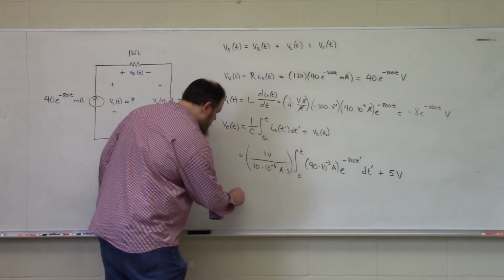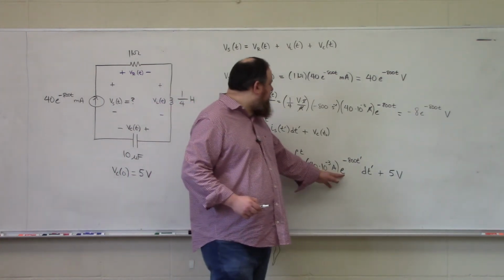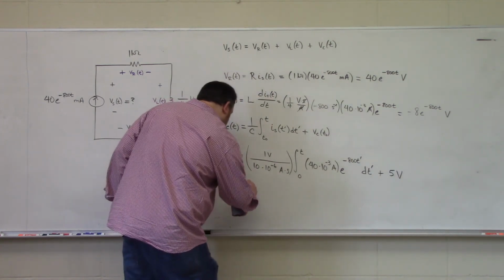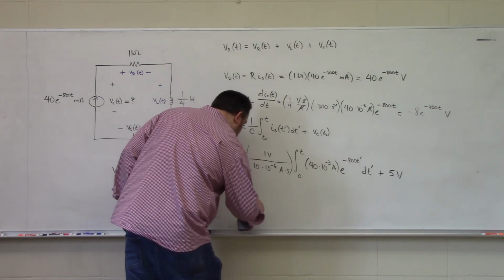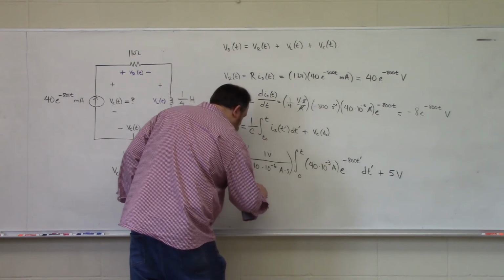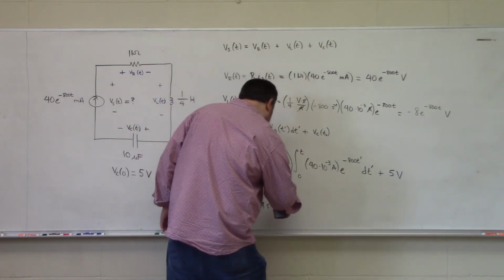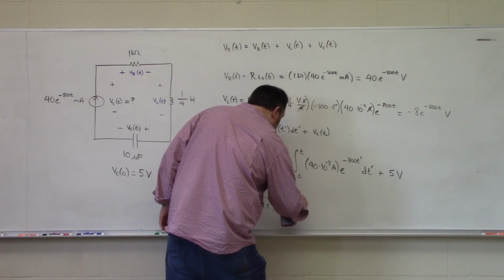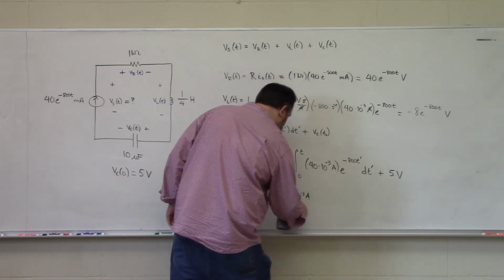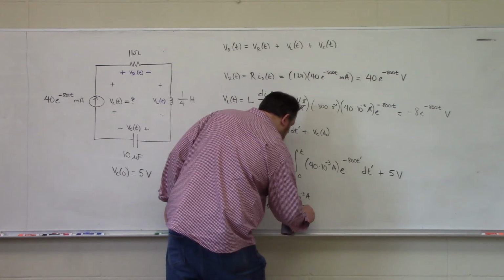So when I integrate an exponential function, I'm going to have 1 over negative 800. So this is going to look like, this is going to stay the same, 10 times 10 to the minus 6 amp seconds per 1 volt. This is a constant term, so it can get pulled out. So that's going to be 40 times 10 to the minus 3 amps divided by negative 800 per second.